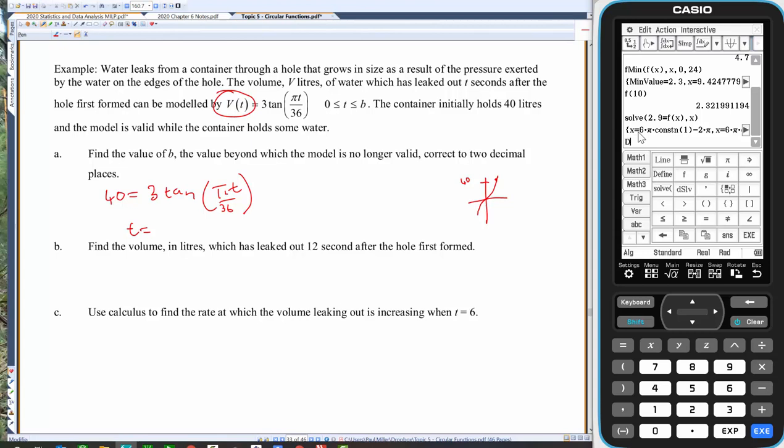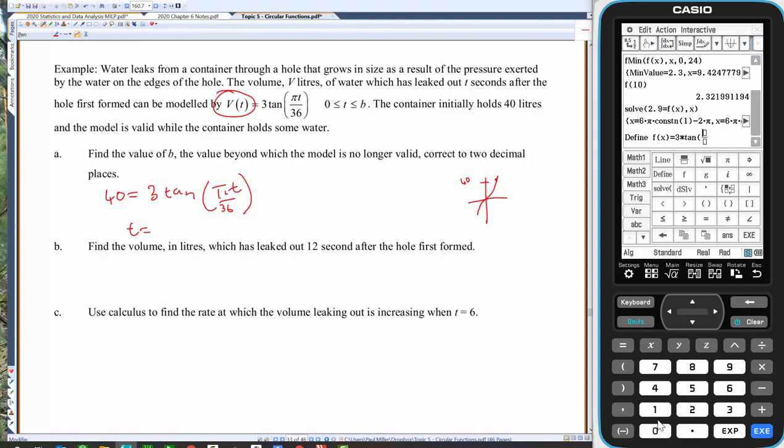So define our function. Okay, now the hard part. So what I've got to do is kind of give it a period.